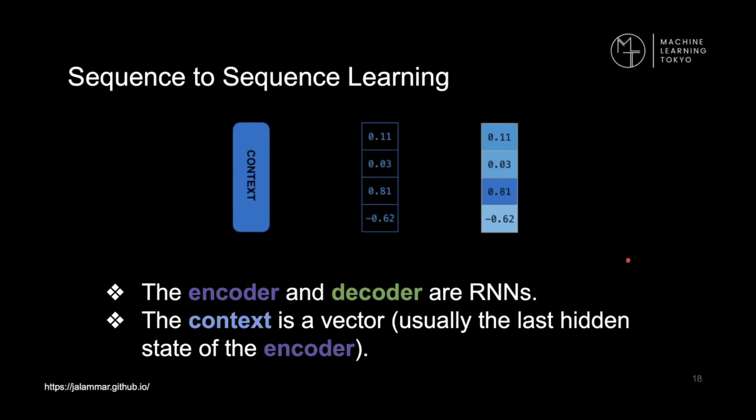Now, the encoder and decoder are recurrent neural networks, and the context is just a vector. Usually, context is just the last hidden state of your encoder. So we'll look at this in a bit more detail.